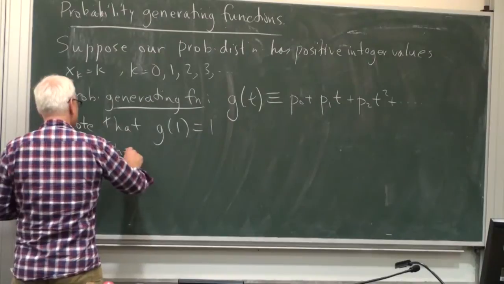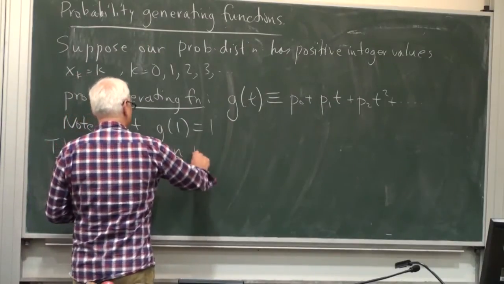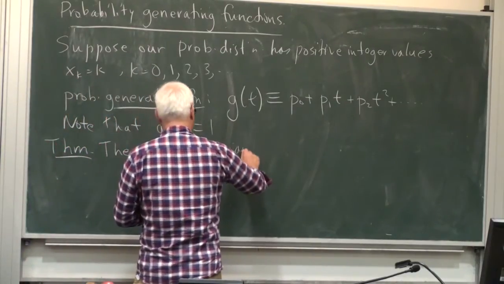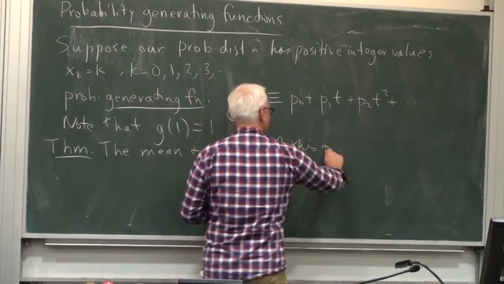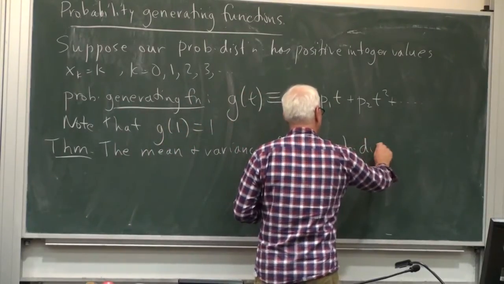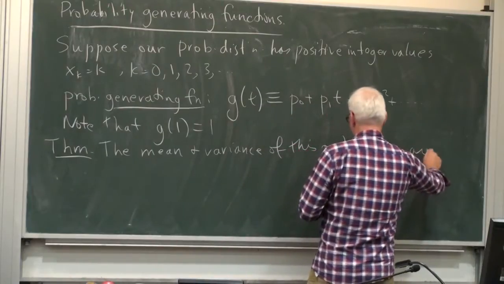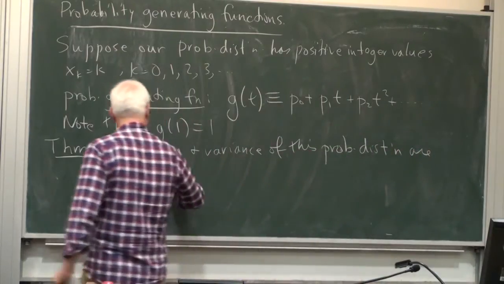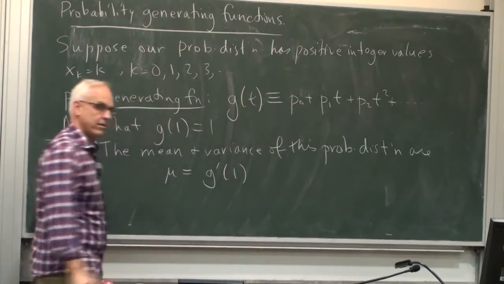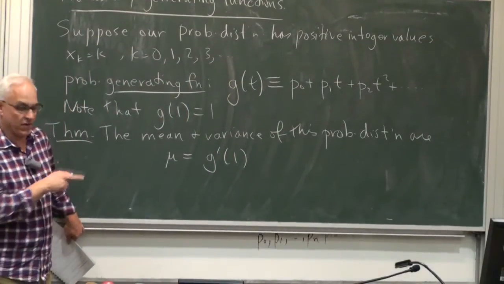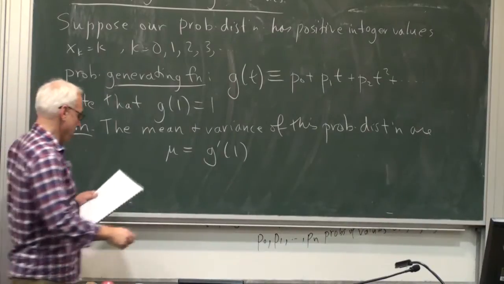So the mean and variance of this probability distribution are: mu is equal to g prime of 1. That's the derivative of this function evaluated at 1.